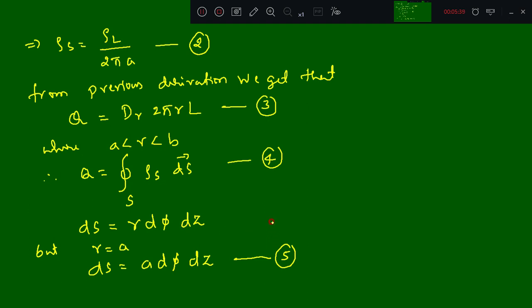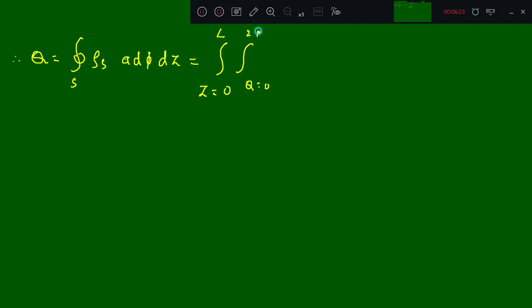Therefore Q is the surface integral of rho s into A d phi into dz, where z ranges over the length of the conductor, 0 to L, and phi ranges from 0 to 2 pi.